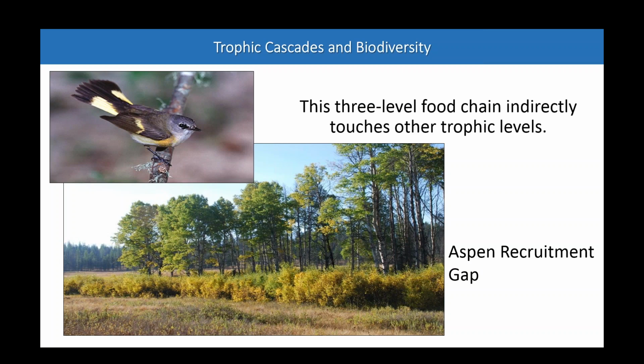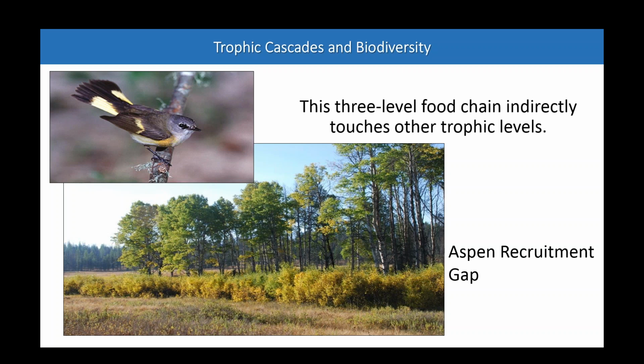And the young cohort of aspen coincides perfectly, I cored these trees and did dendrochronology work on them, with when wolves were returned to that system. Park records indicate that elk numbers became so high that they were wiping out every single sprout of aspen. And so that created what this image shows, what's called a recruitment gap. And it's a trophic cascade signature when you're dealing with wolves and elk.